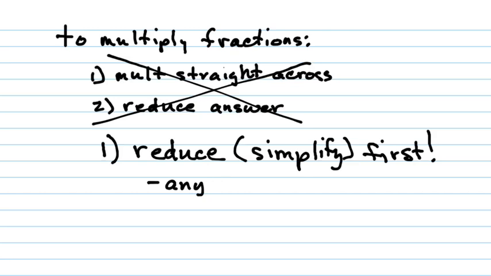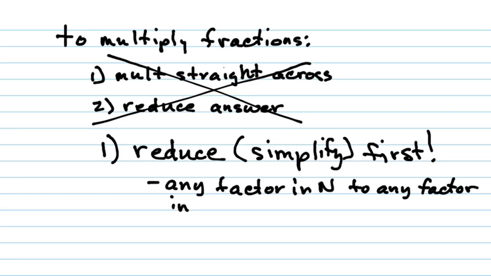All right, and I want to write that a little bit differently. Any factor in the numerator, and we've talked briefly about that word factor before, but we'll redefine it in just a moment. Any factor in the numerator to any factor in the denominator.